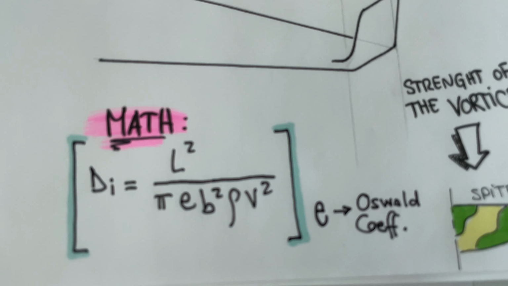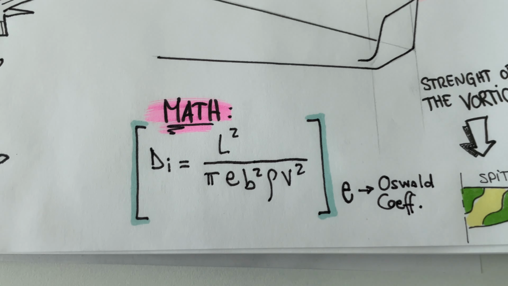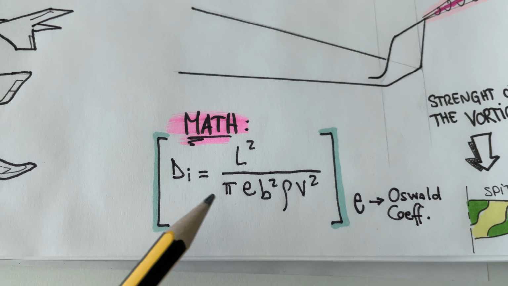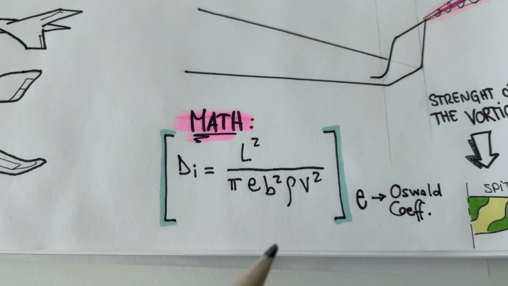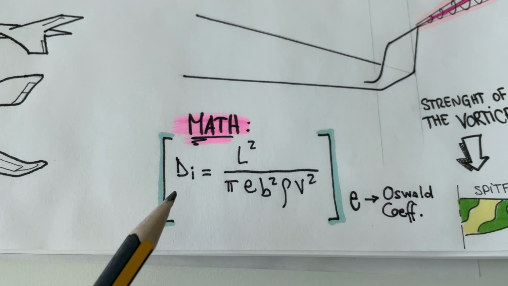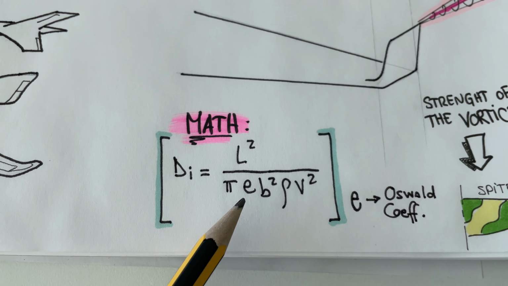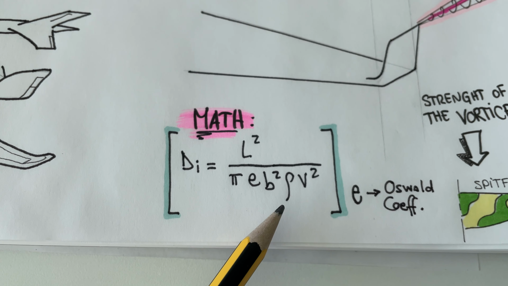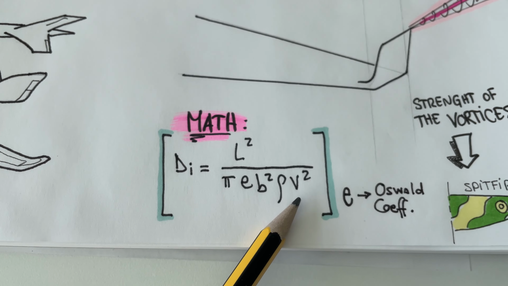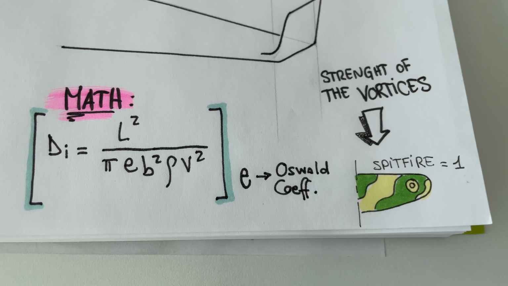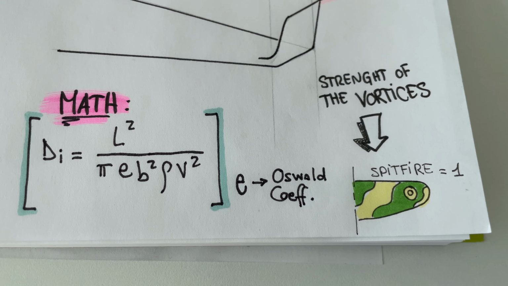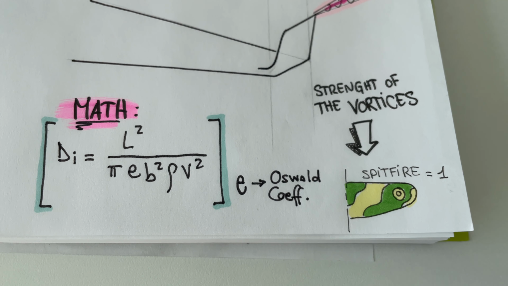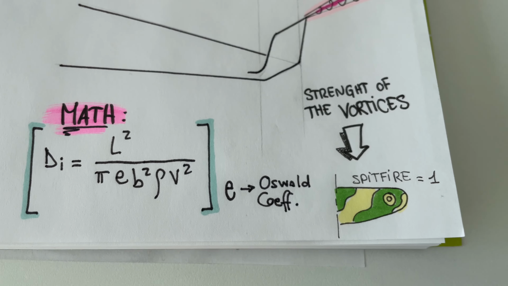If we want to look at the math part of the wingtip, we have the induced drag, which is defined like this. We have the lift divided by pi, e, which is the Oswald coefficient, b, which is the wingspan, density, and velocity. This value is basically a number that represents how geometrically efficient the wing itself is.